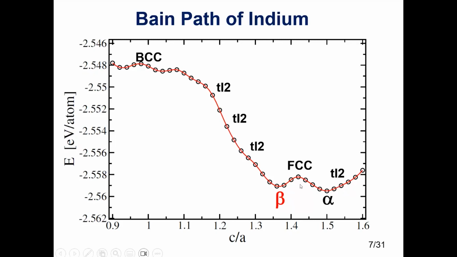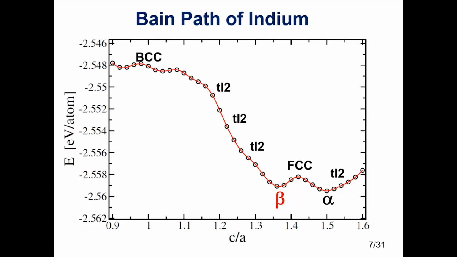C over A less than root 2, I will call a low ratio, and I will sometimes call the structure beta. With a high C over A ratio, I'm going to call the structure alpha. Notice that they are, in a certain sense, the same structure.